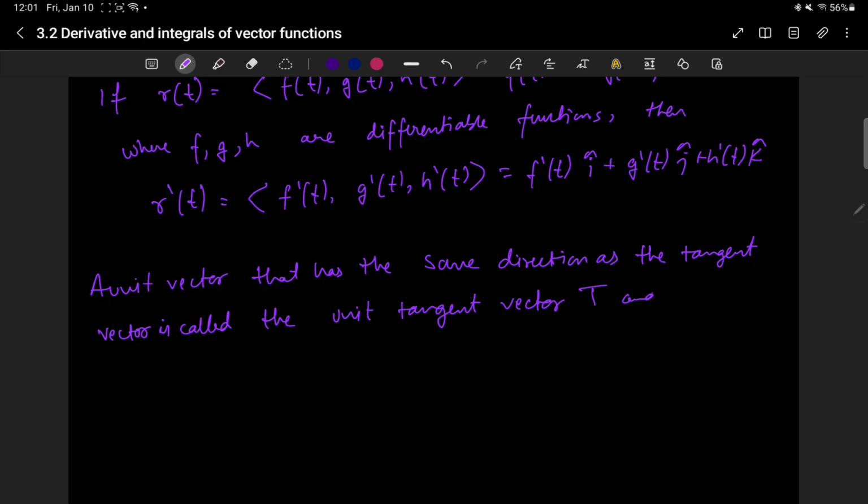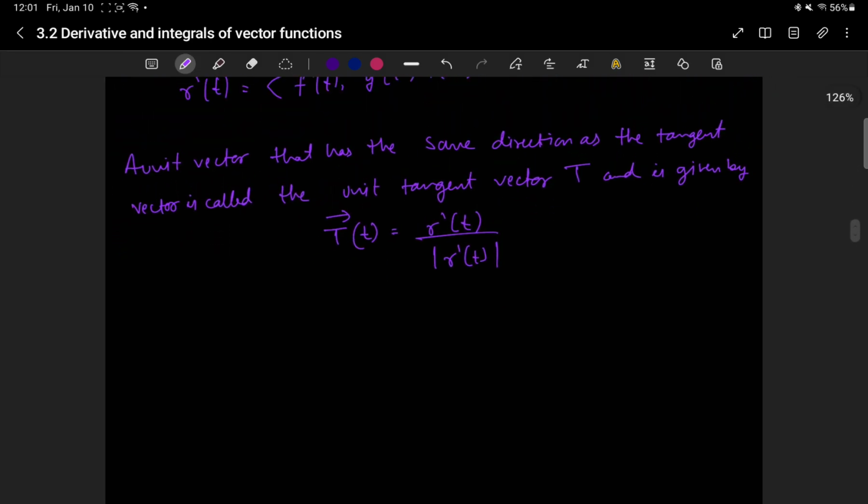T is given by r prime t, which we can find by the given definition above, divided by the magnitude. So this is a general thing that we have seen, right? Anytime you want to find any sort of unit vector, you take the vector and you divide it by its magnitude.